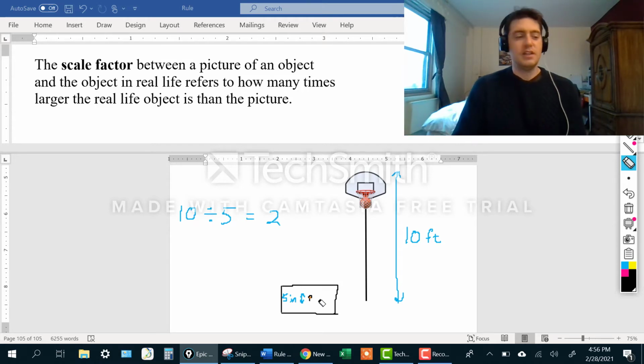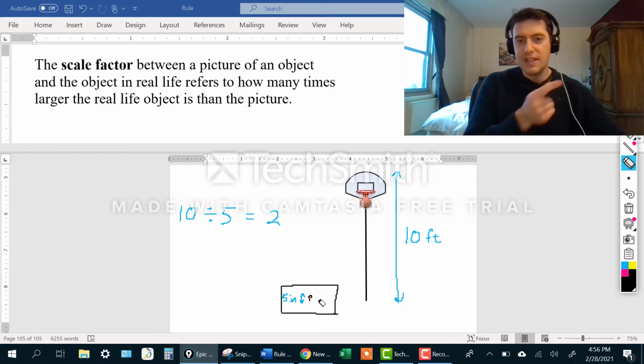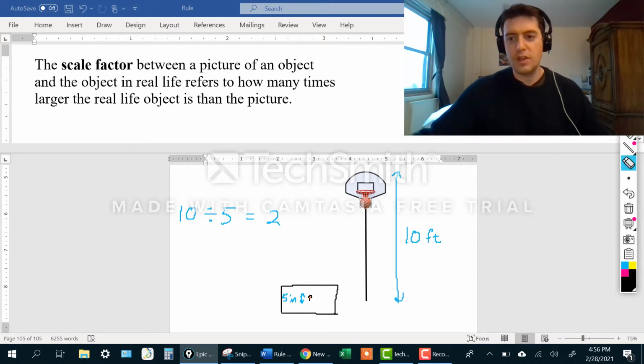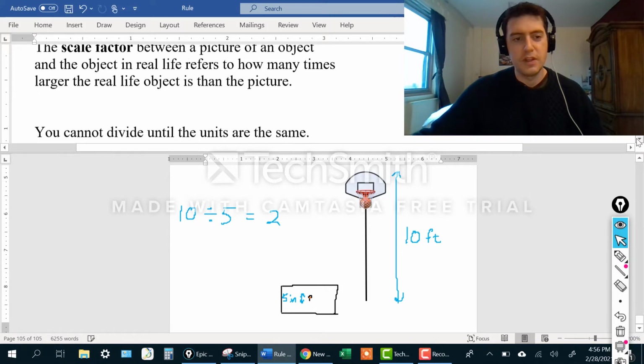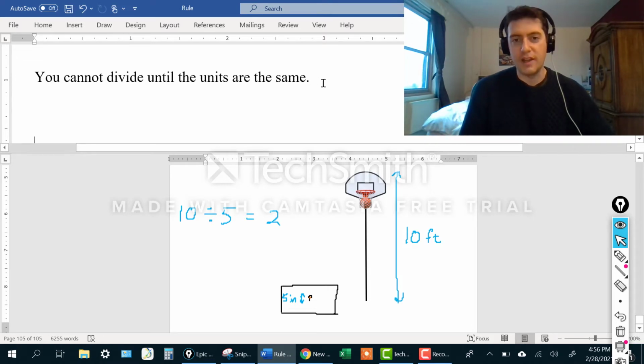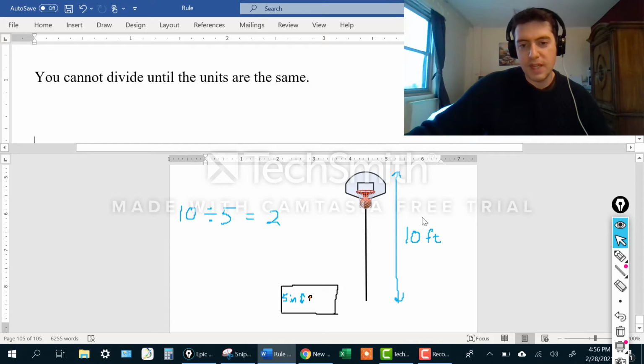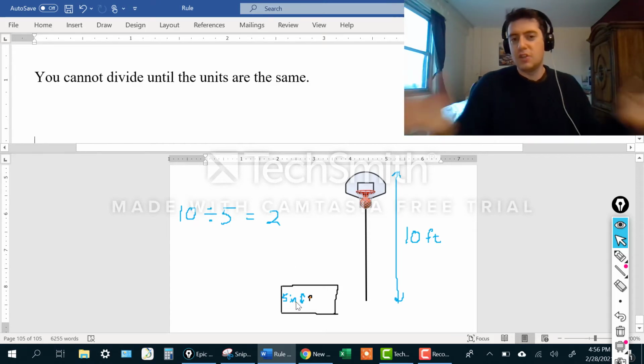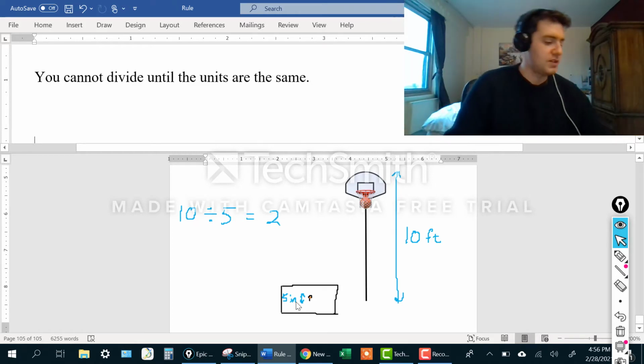So since the units are different, we can't simply divide them. Okay, so that's the first lesson to learn, that you cannot divide until the units are the same. Yes, eventually we will divide, but not when this is being measured in feet and this is being measured in inches. Okay, because they're different things, right?